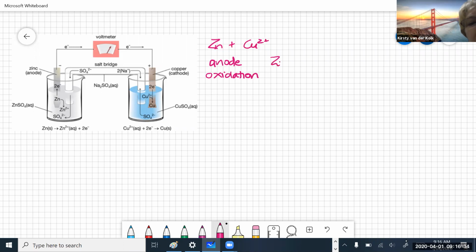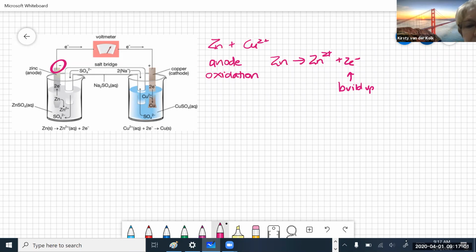You have your zinc going to zinc ions and electrons. Those electrons give this negative charge to the anode. There's going to be a build-up of electrons, and that's going to cause the anode to have a negative charge.